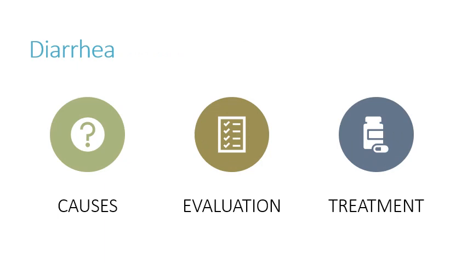Diarrhea can have many sources. Like we talked about previously, it can be an inflammatory source, like Crohn's disease or ulcerative colitis, or it can be IBS, but it also can be an infective source. So you have to be able to evaluate. Most infective sources may resolve by themselves by the time the lab results come back, like so-called traveler's diarrheas, but some of them can be very severe, like Clostridium difficile infection.